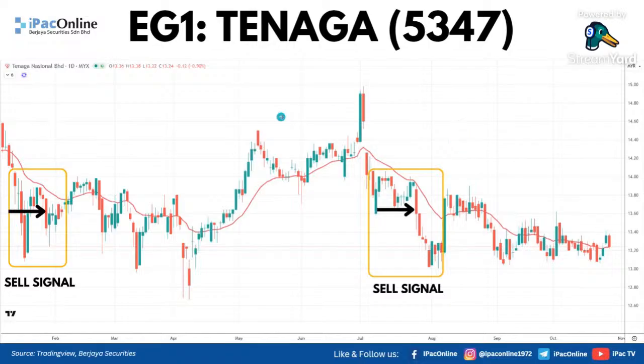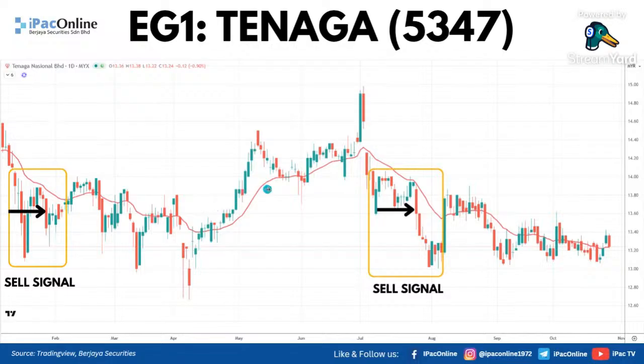So how do we indicate the signal? I will be using the same example just now, the CMB and all these, the same 5 stocks that are used for the left side trading, so that we can really see the signal is really different for left side and right side traders. You can see right over here the share price has crossed below the moving average line.